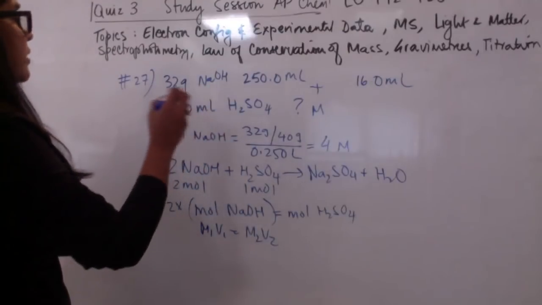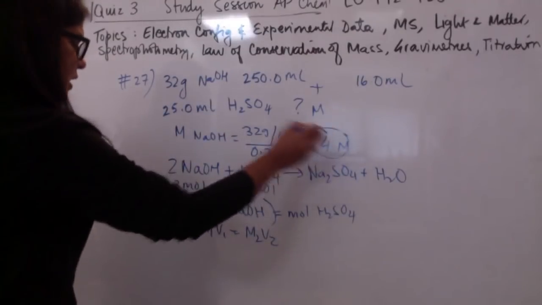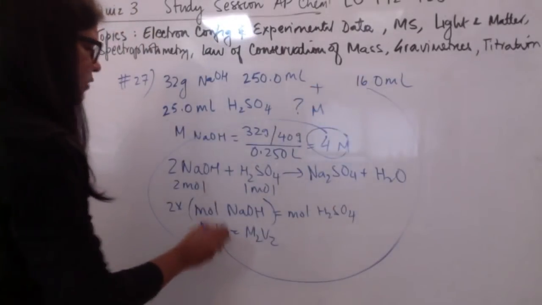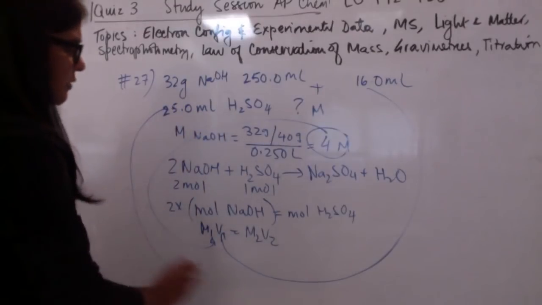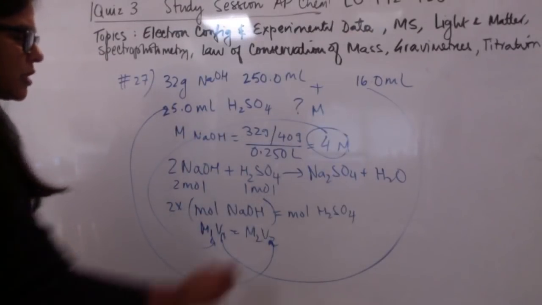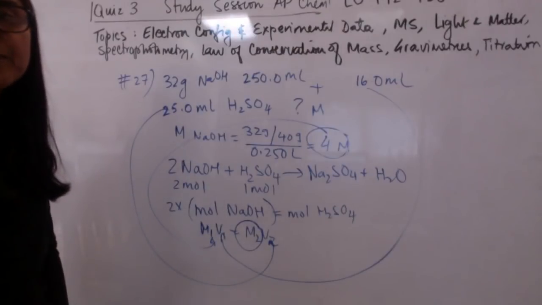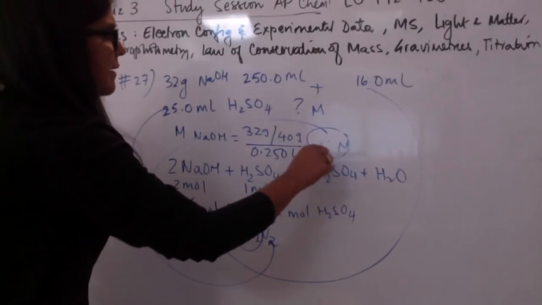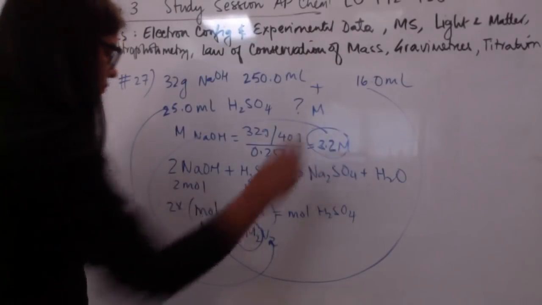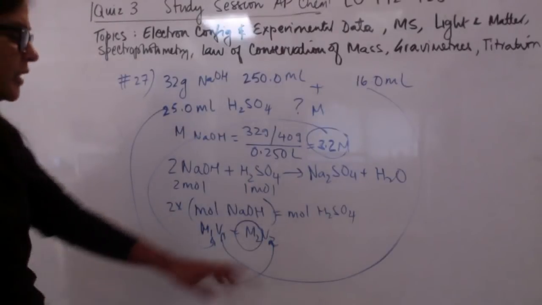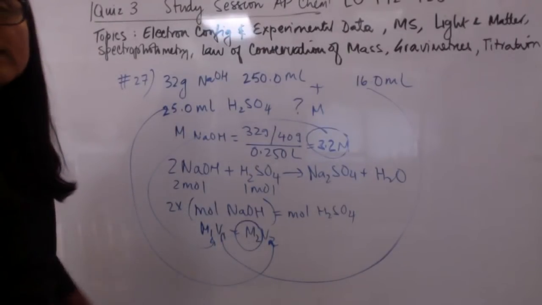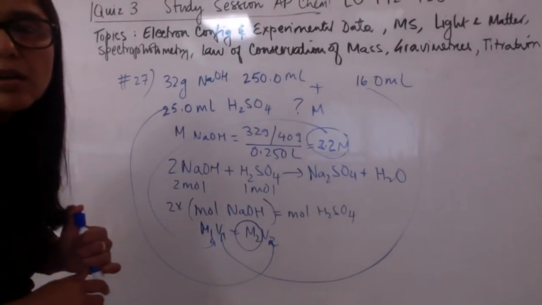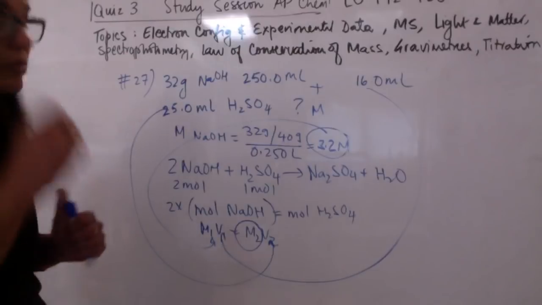You know the molarity of NaOH, you got it here. You know it took 16 mL of it. You have the volume here, and you know you started with 25 mL. So that volume is there. The only unknown is molarity. So the only part, 3.2, thank you, Sunny. So when you solve it this way, you get your answer. Okay.